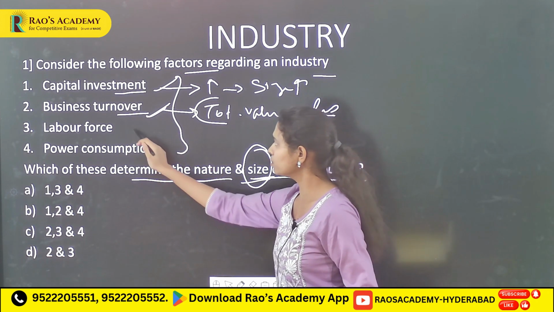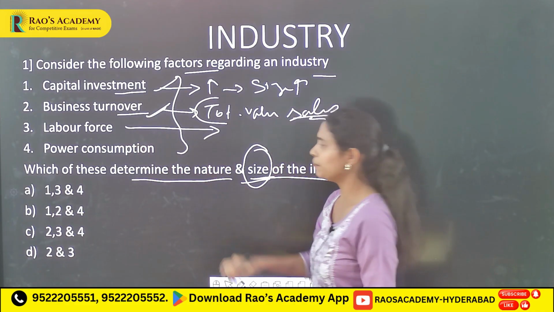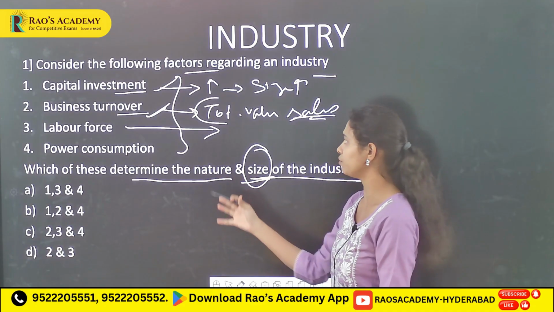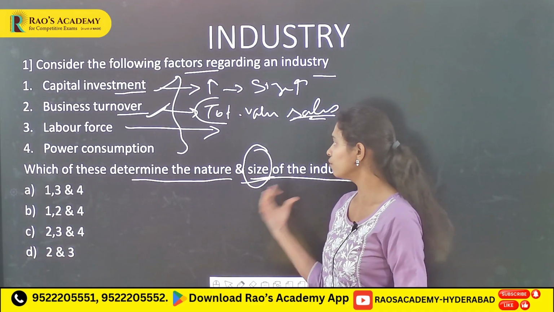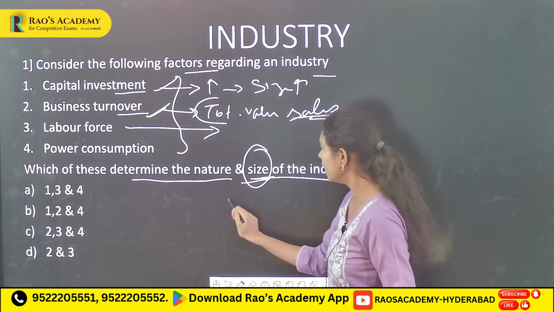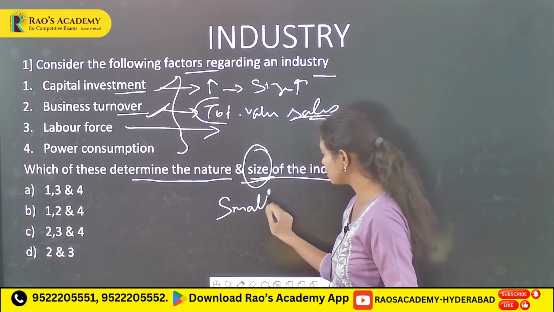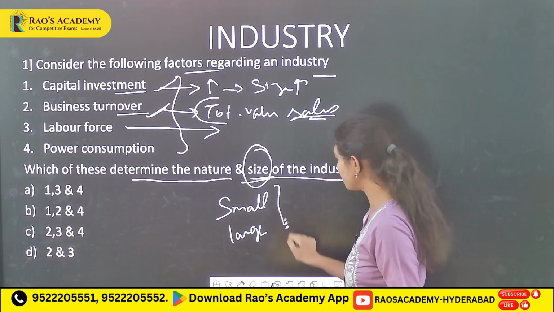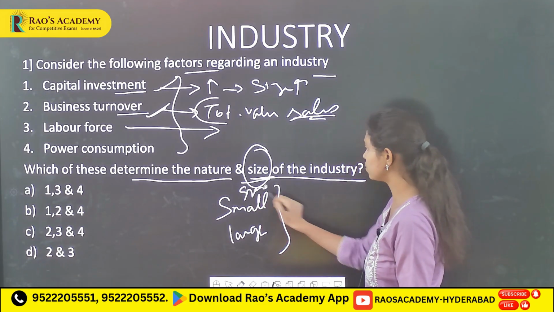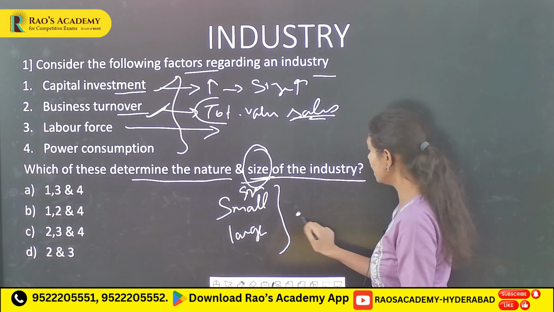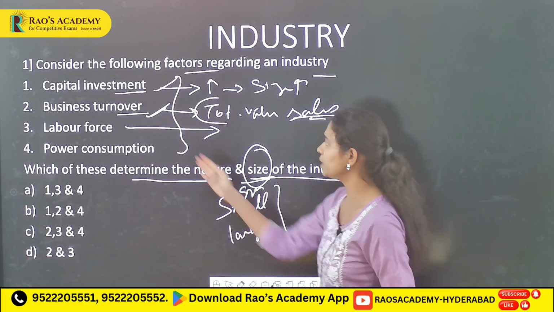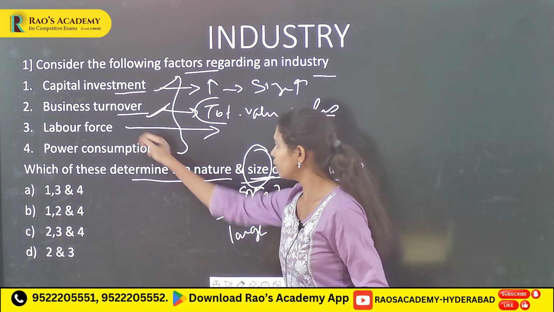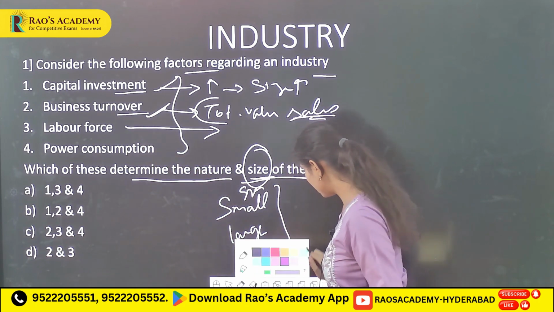If you see here the labor force, depending upon the size of the industry we are going to determine or fix the labor force. For example, if a particular industry is a small scale industry or a large scale industry, depending on its size we determine the labor force, but not on the basis of the number of labor force.